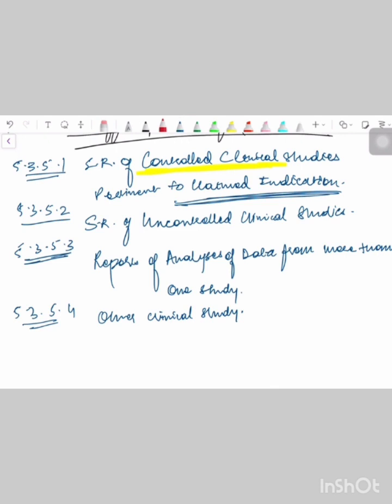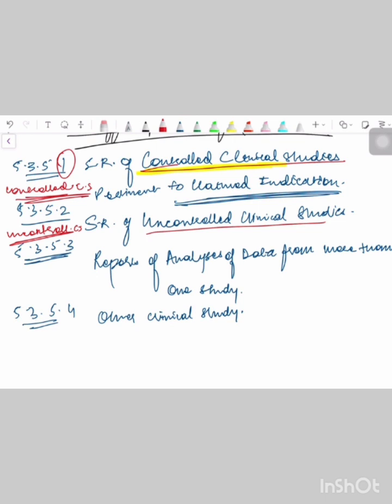So here in the first point we are talking about controlled clinical studies, and in point 2 we are talking about uncontrolled clinical studies.